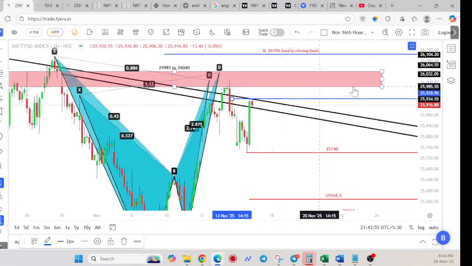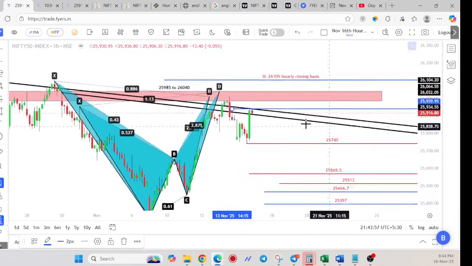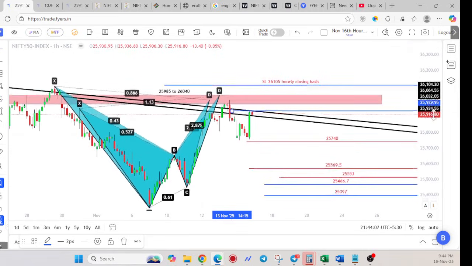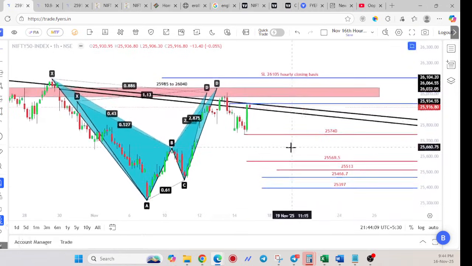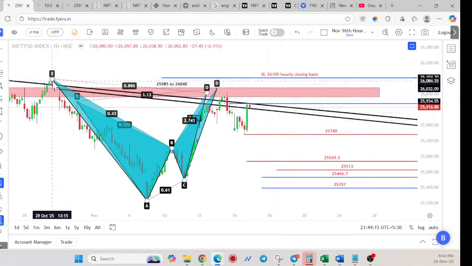If we do that, this potential reversal zone is still there. For the failure of this pattern, what we want is a close above the previous all-time high, which is 26,104. I have given 26,105 as a round figure here.